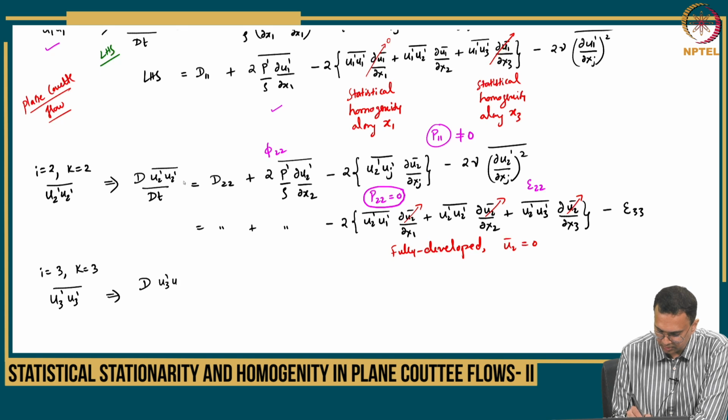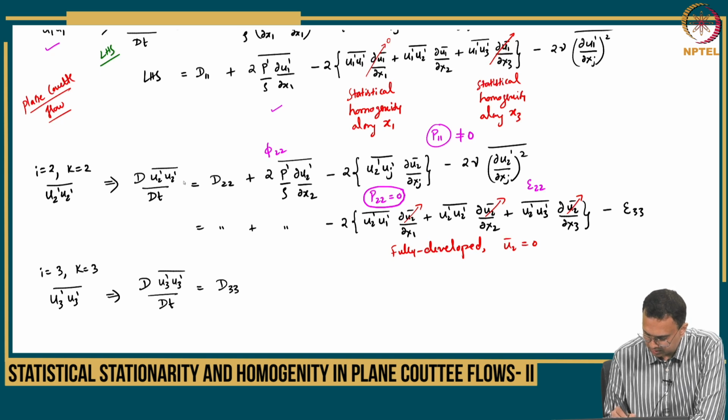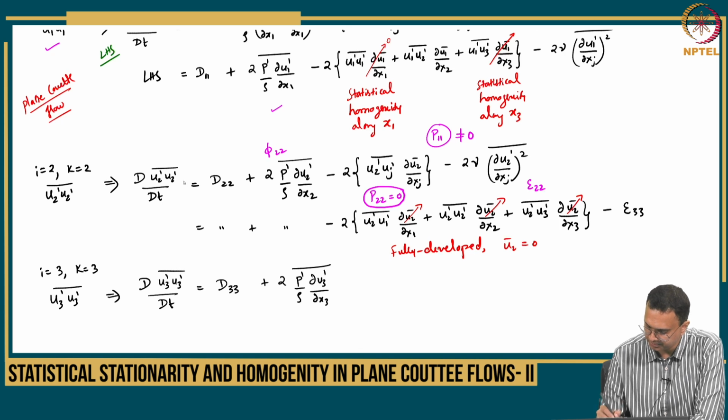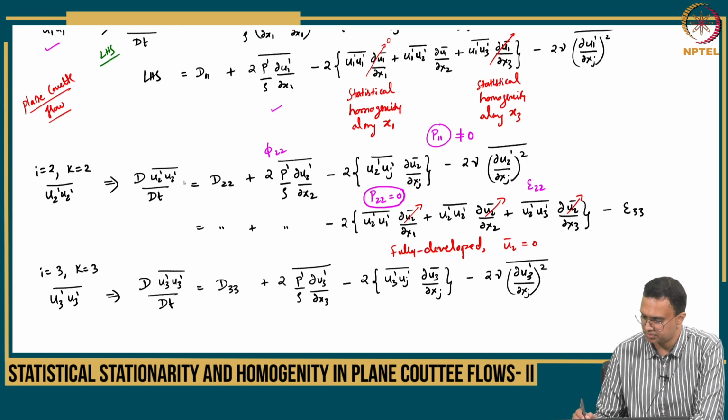I get d(u3 prime)/dt equal to d33, the diffusion rate, plus phi 33, which is 2 p prime by rho ∂u3 prime/∂x3 averaged, minus 2 u3 prime uj prime ∂U3 bar/∂xj, minus 2 nu times the average of (∂u3 prime/∂xj) squared.